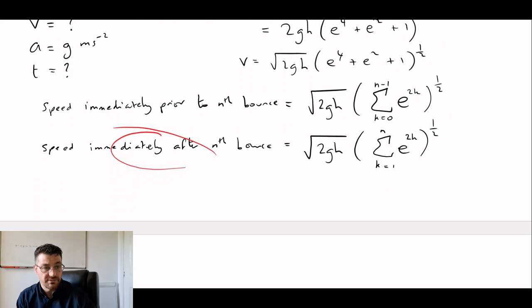Okay, so let me scroll down a little bit. We're going to start an induction argument, and it's going to be on that speed immediately after the nth bounce. So we need a base case.